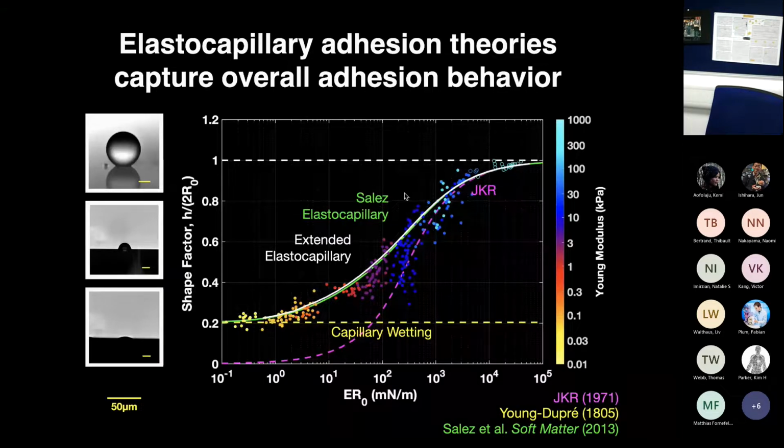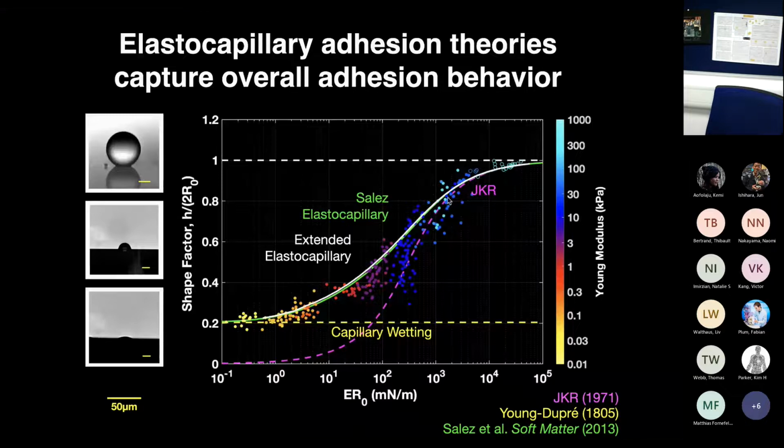What this is telling us is that the Salez elastocapillary theory may not capture the geometry, but it does capture a lot of the overall energy, at least in determining this deformation. It doesn't tell us anything about the foot formation or the phase separation, but it does at least get the big picture. And ours doesn't do any worse or better in this particular parameter, but it does tell us a bit more about the overall system.